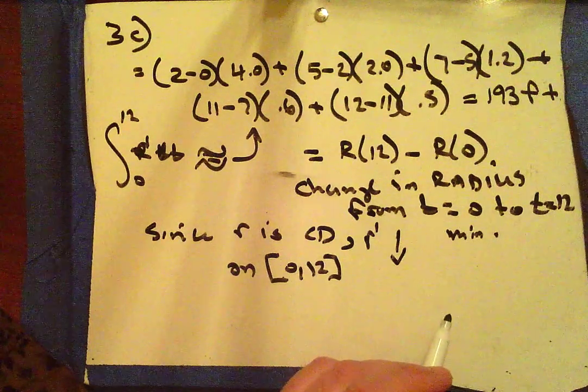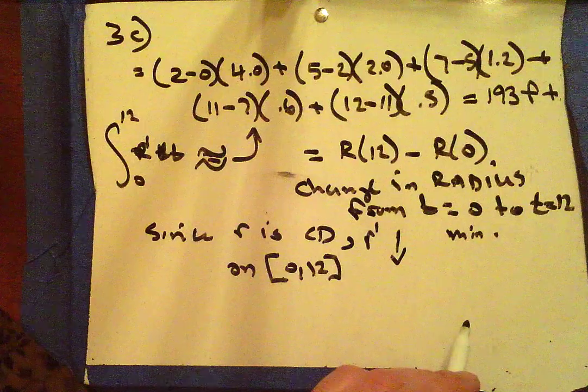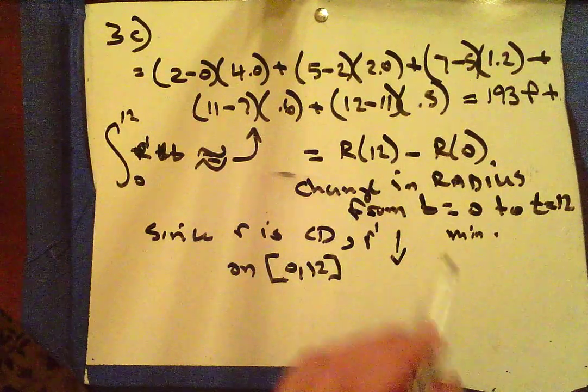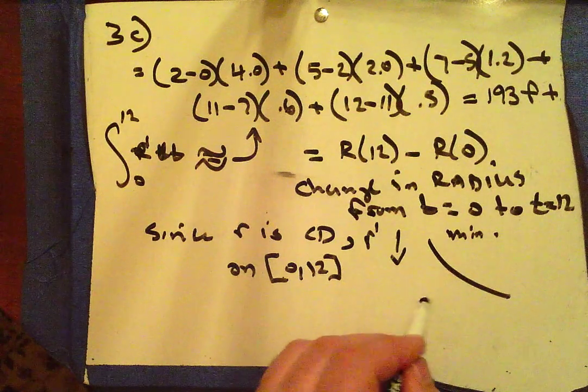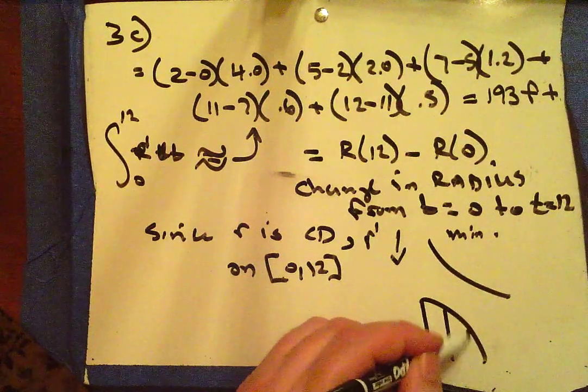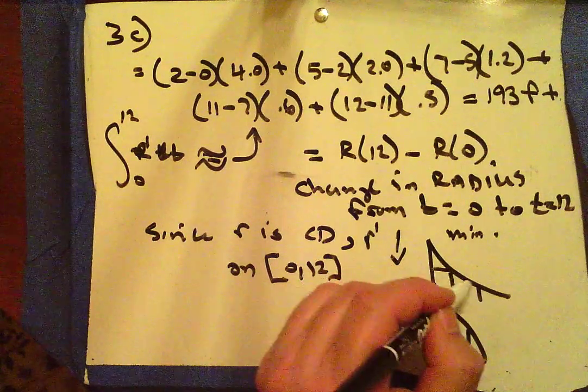And if r prime is decreasing, and we do a right Riemann sum, let's take a look at these.